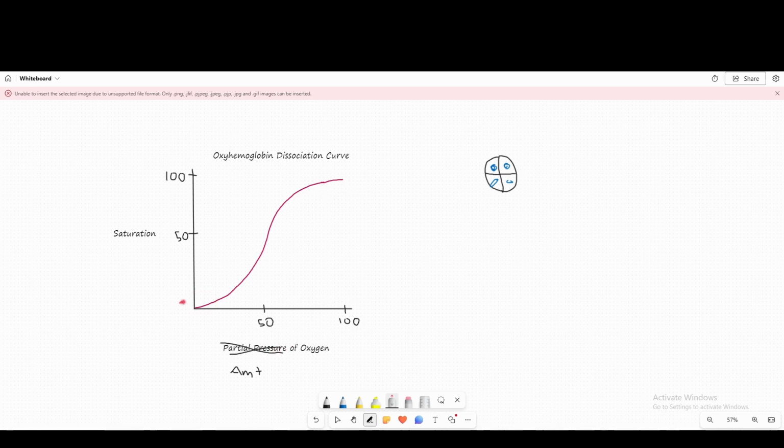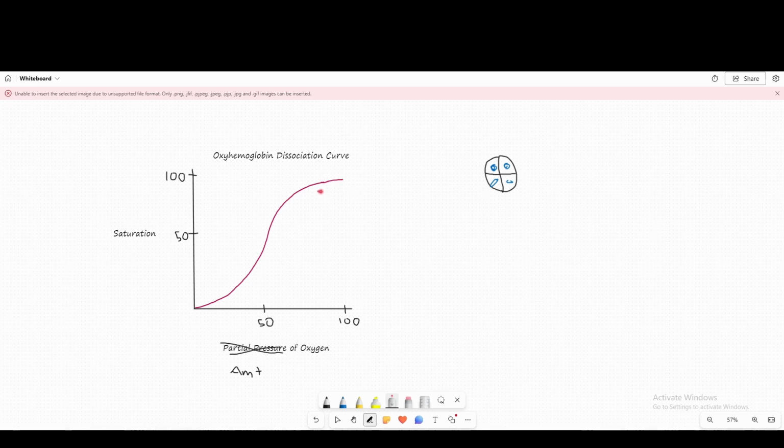So on this graph, the main things I want to talk about are up here, right? This is closer to your lungs. So you've got a very high amount of your hemoglobin that's saturated, and you've got a very high amount of oxygen in a given space, right? In your lungs and in the vessels near your lungs. So up here is going to be closer to your lungs, right?